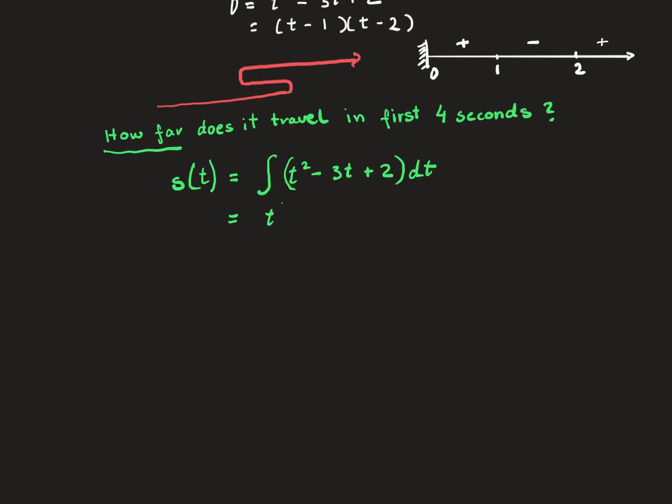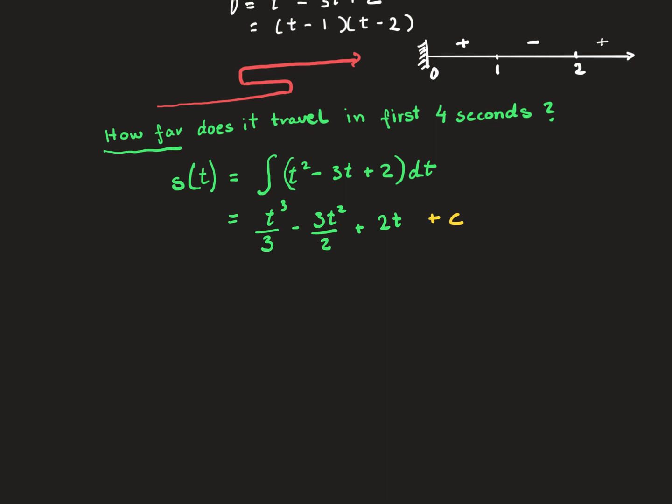That is t cubed over 3 minus 3t squared over 2 plus 2t. And we always have to add that constant of integration c.